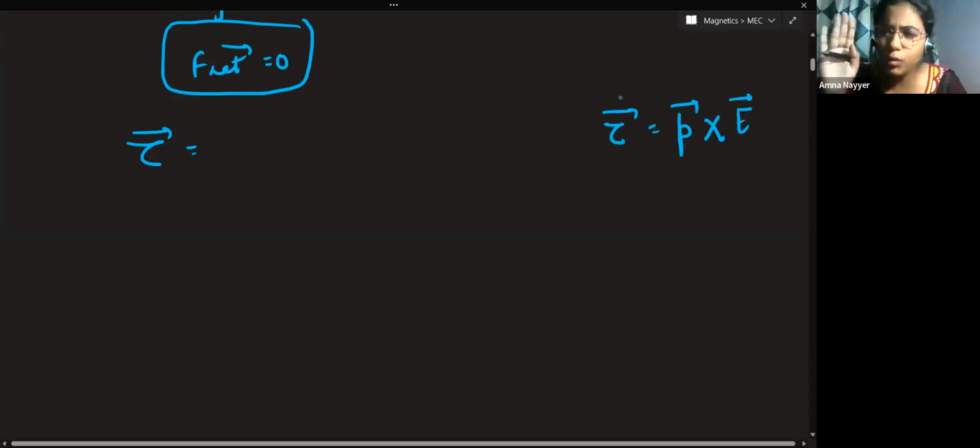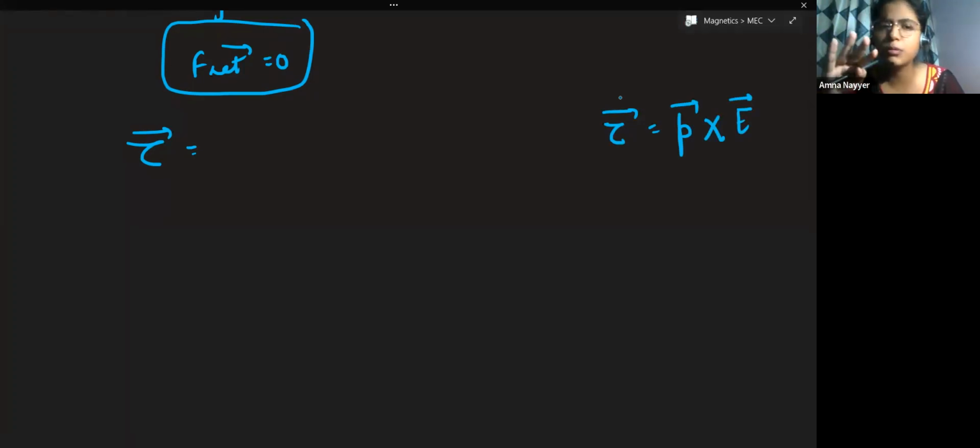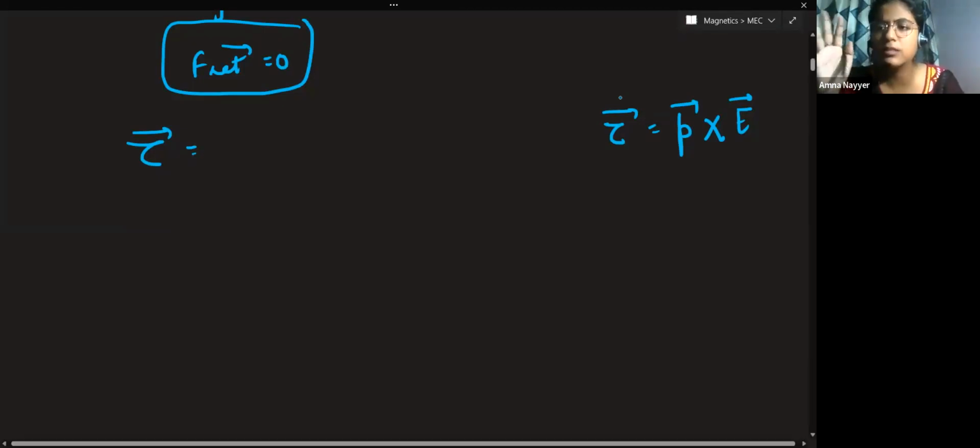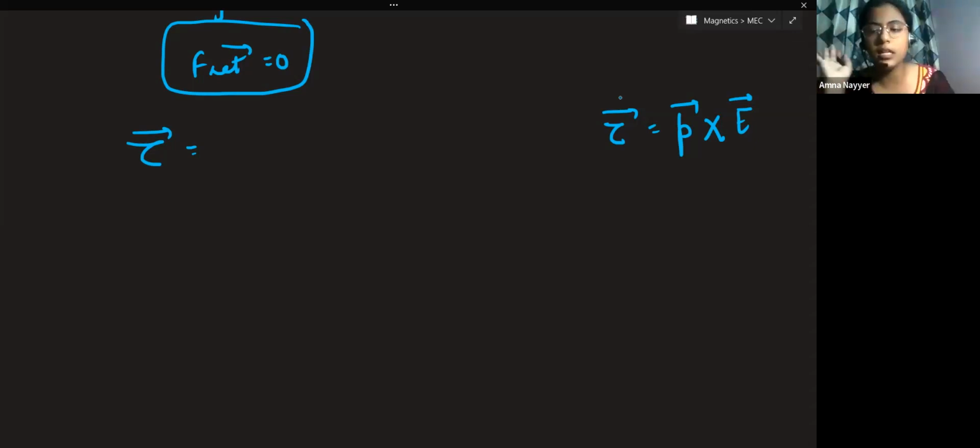We'll be doing torque again, because most probably in your chapter 5, natural magnetism, after covering bar magnets, we have topics like equatorial field, equatorial point, axial point, which will be repeated from electrostatics, and it becomes easier if you have studied electrostatics.